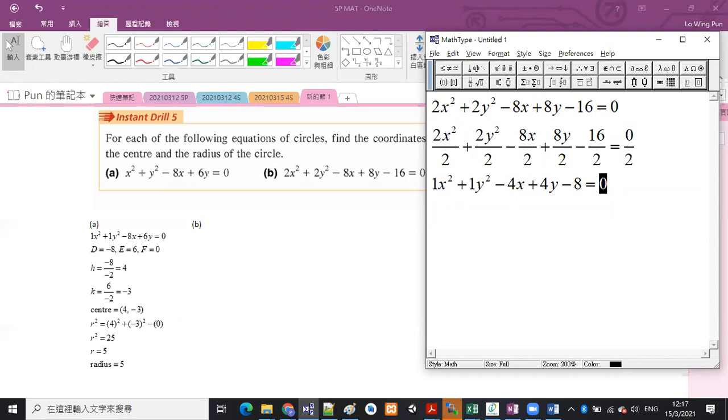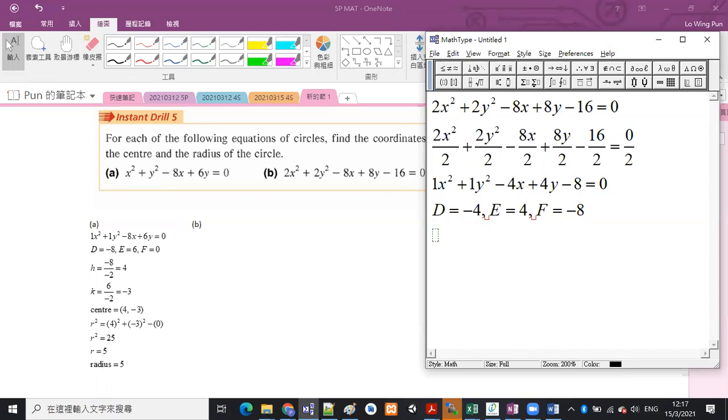And that is in a good form, and we can identify the values of the d value, e value, and f value. The d value is the number before the x, including the negative sign. Okay, e value should be the number before the y term, so that is positive 4. And f value should be the constant term, so that should be negative 8.